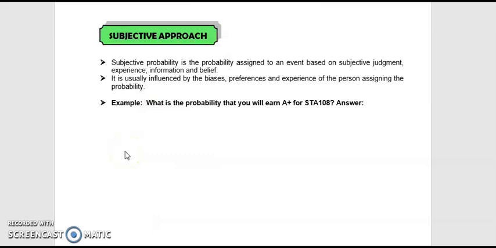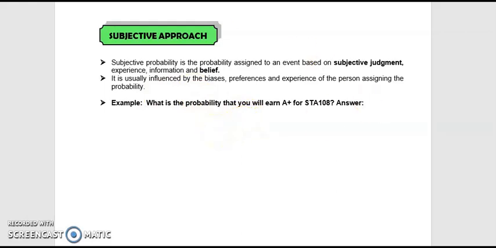Okay, now the last method on how to determine probability. Let's look at the subjective approach. What is meant by the subjective approach? Subjective probability is the probability assigned to an event based on subjective judgment, experience, information, and belief. So it is based on our experience or belief. It is usually influenced by the biases, preferences, and experience of the person assigning the probability.